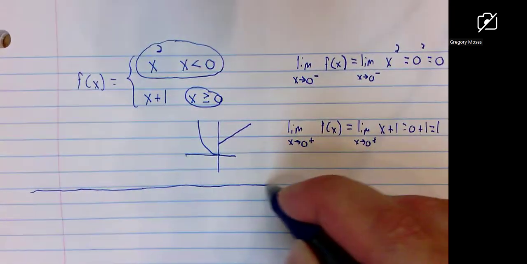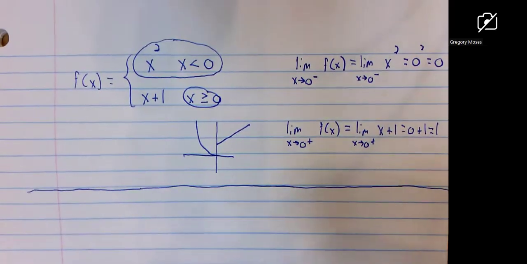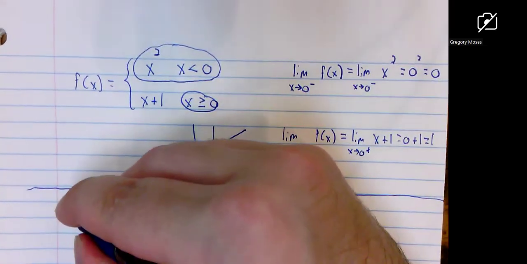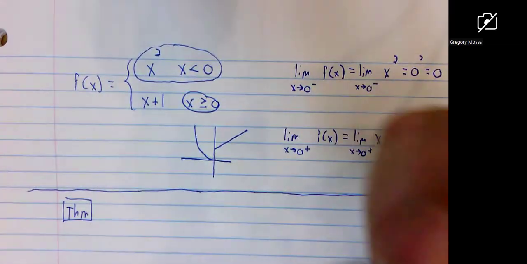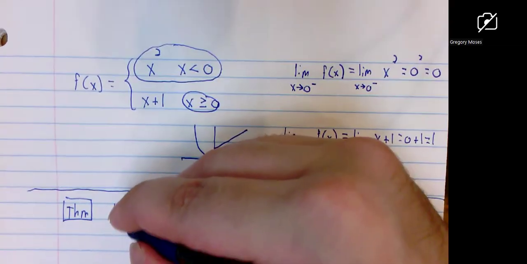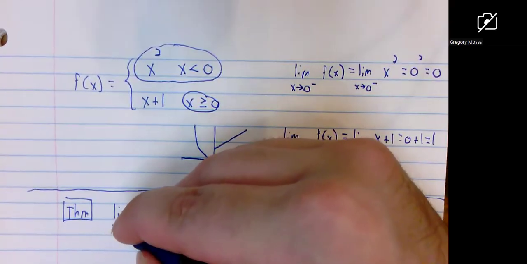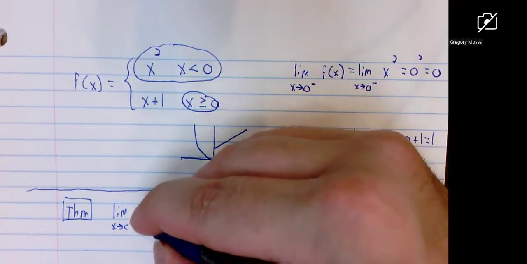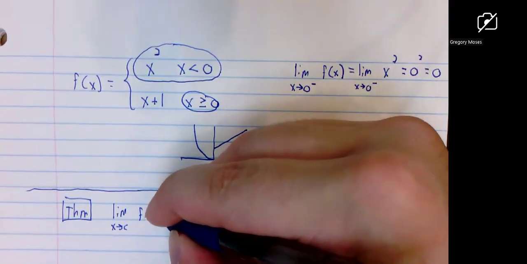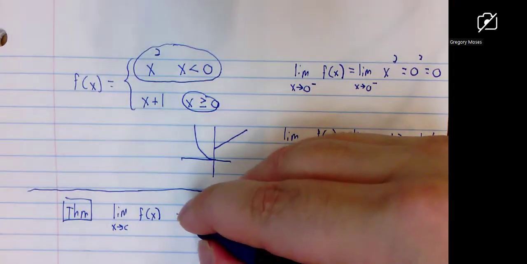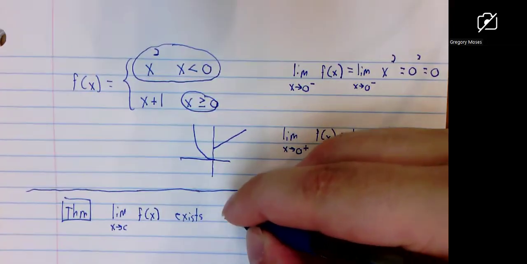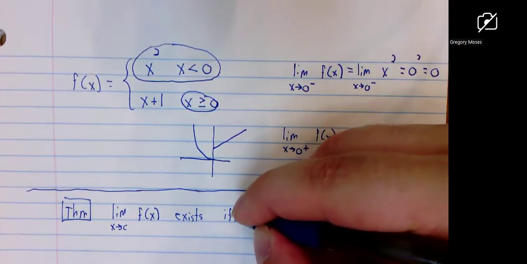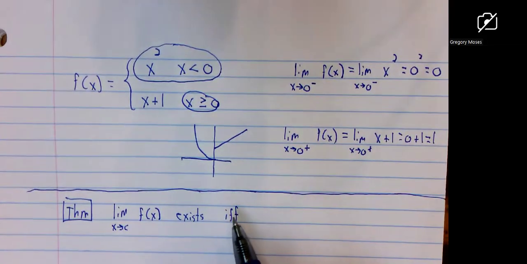And we end this video with a theorem or a remark or whatever you want to call it, that the limit as x approaches c of f of x exists. This is not a typo: IFF, if and only if.